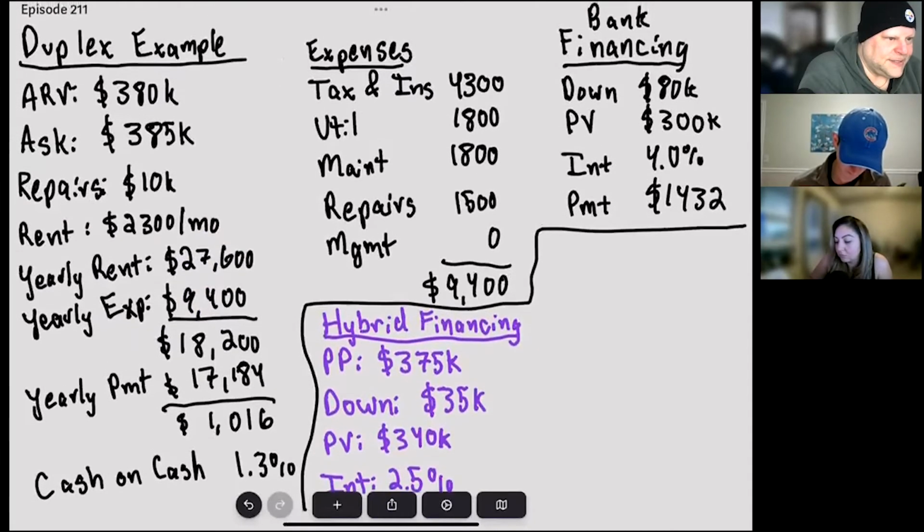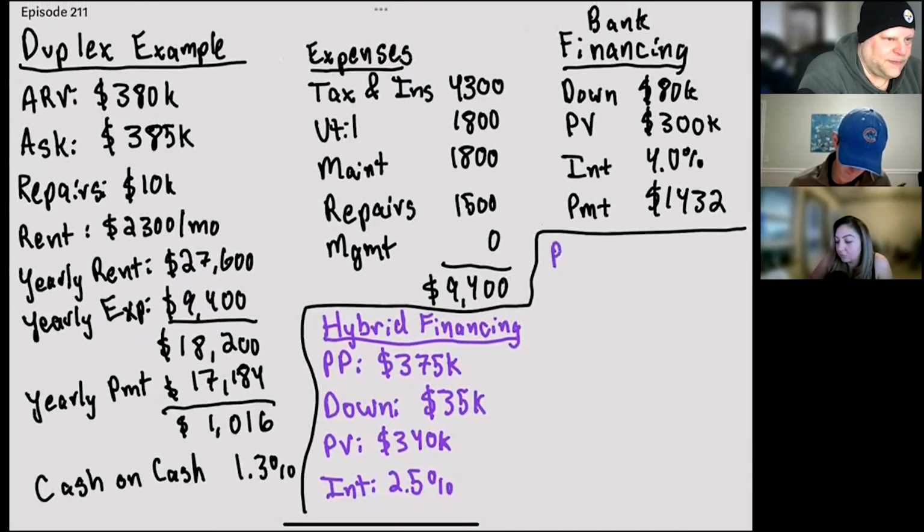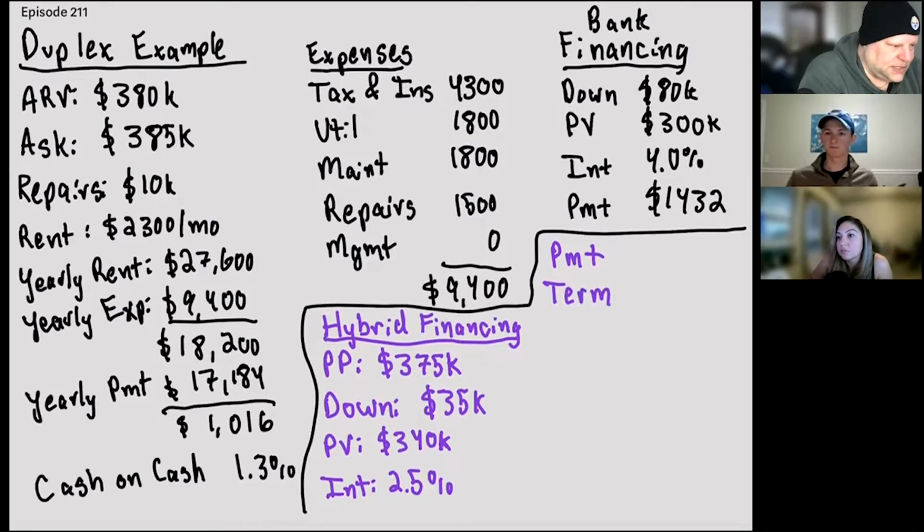Okay. So we figured out that before, at an interest rate of 4%, 1432 is too much, right? So what if we were to only be able to pay this seller $1,000 a month, which would mean that 432 is no longer part of debt service.